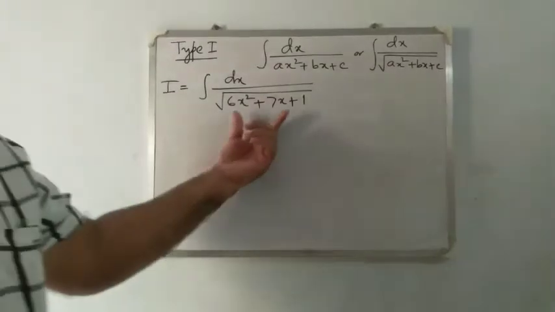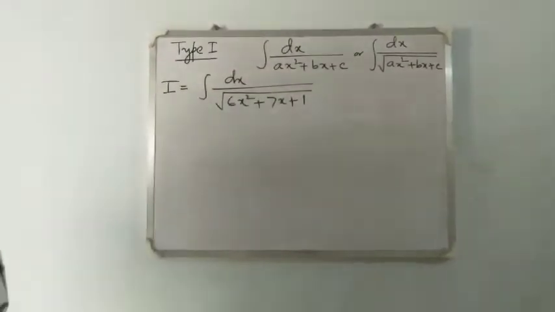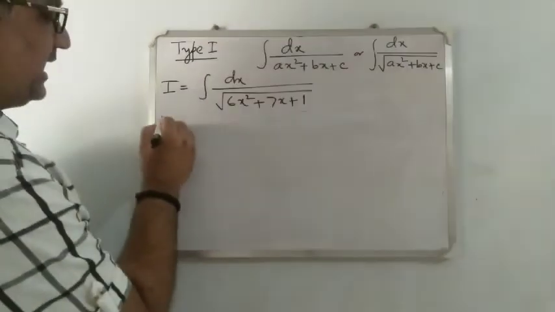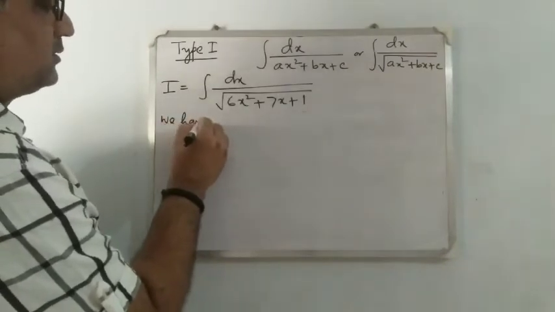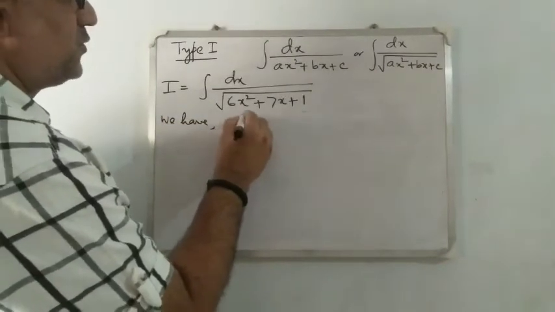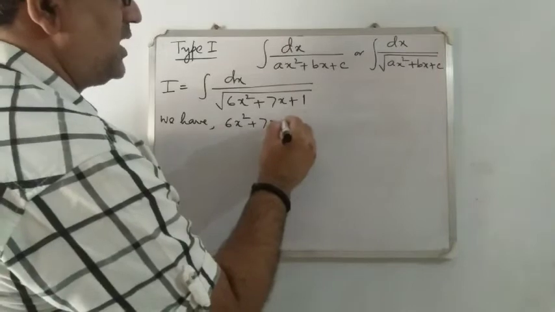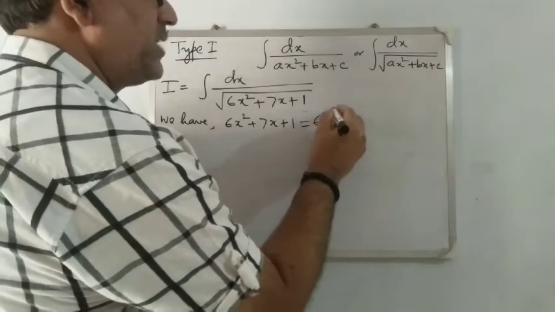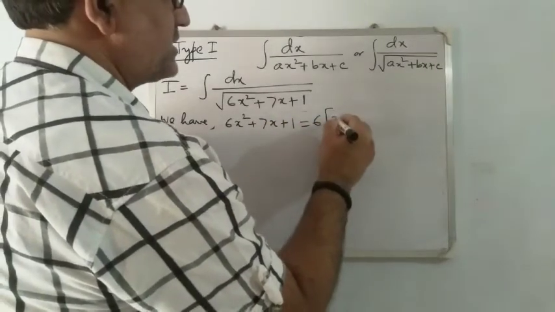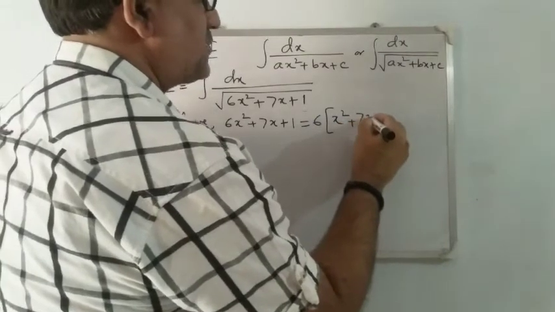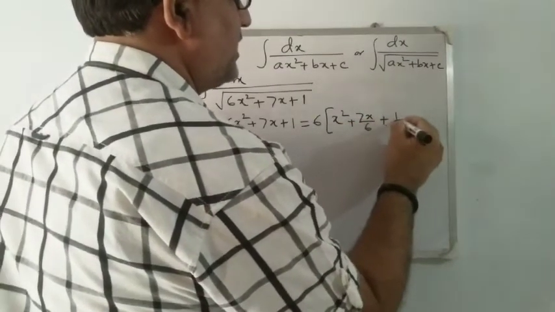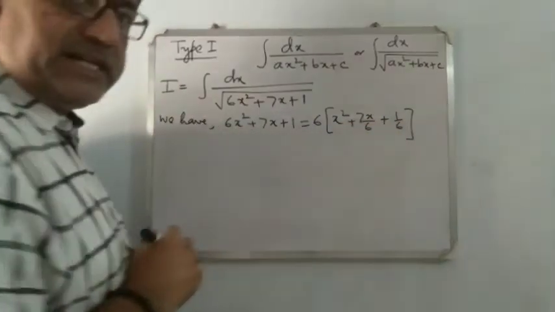You want to integrate it. For that, you have to write 6x square plus 7x plus 1 is equal to, you can take common 6, you will get x square plus 7x by 6 plus 1 by 6. This thing you will get in the bracket.